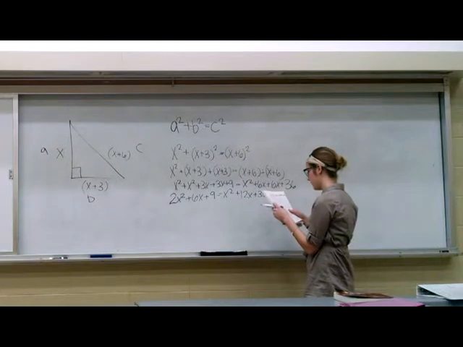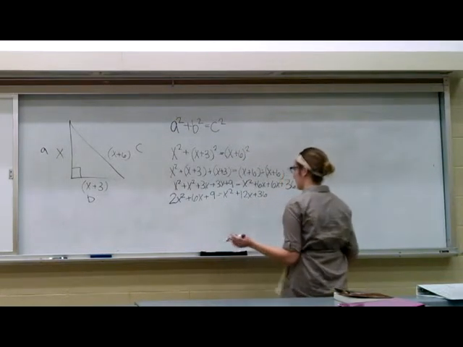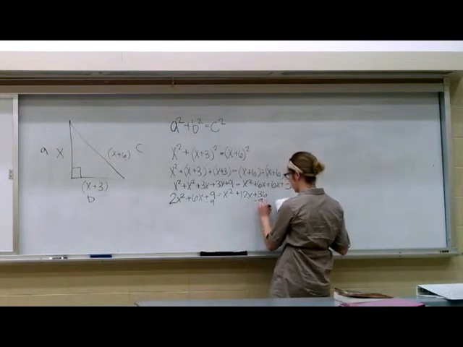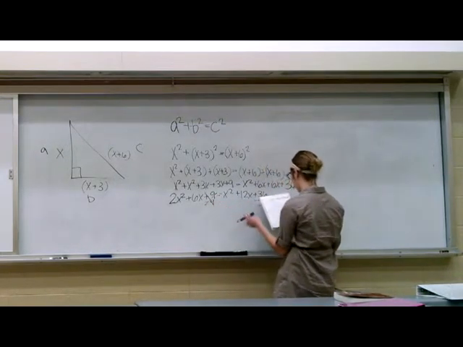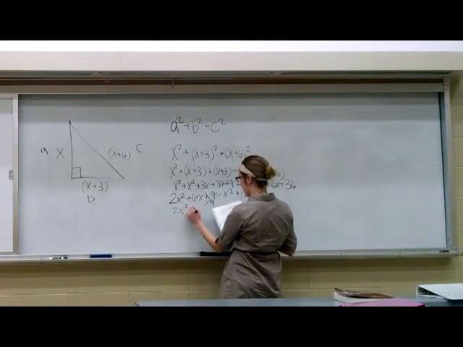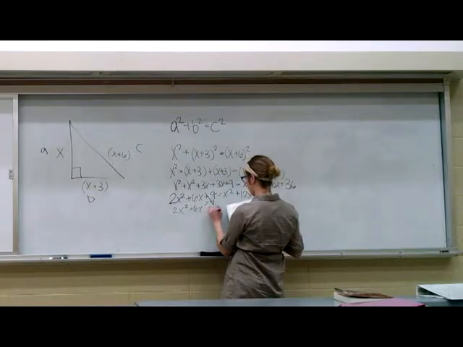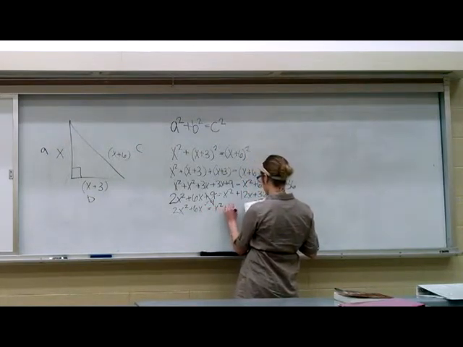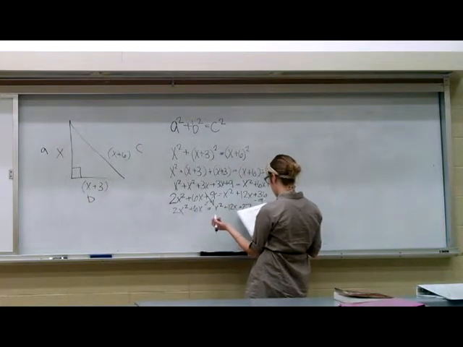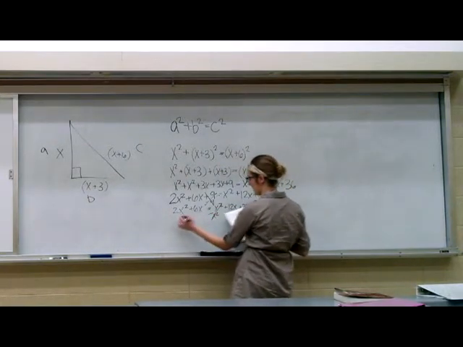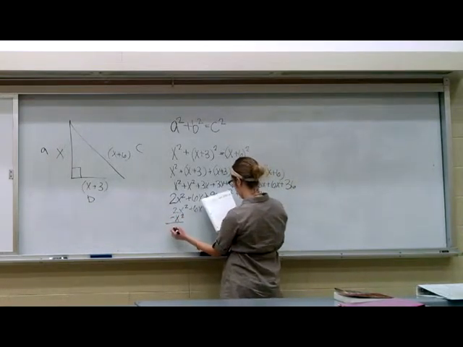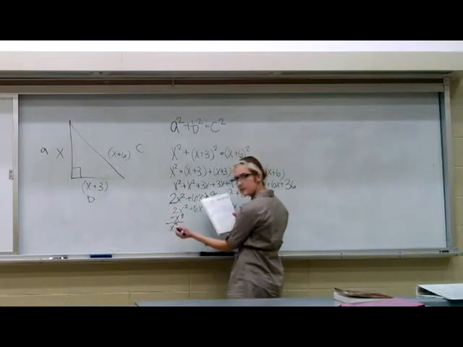And then from there, you're going to want to subtract the 9. At least that's how I did it. So it gets rid of that. So then we have 2x squared plus 6x equals x squared plus 12x plus 27. And then from there, I subtracted the x squared to get rid of that, which brought us to, can you still see that?